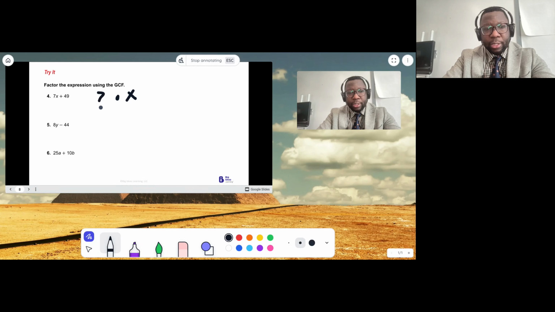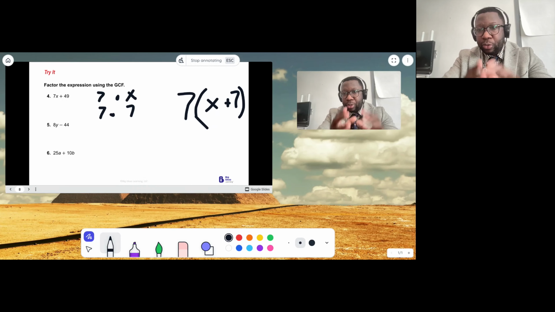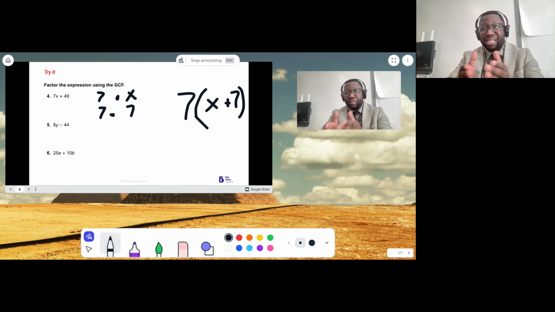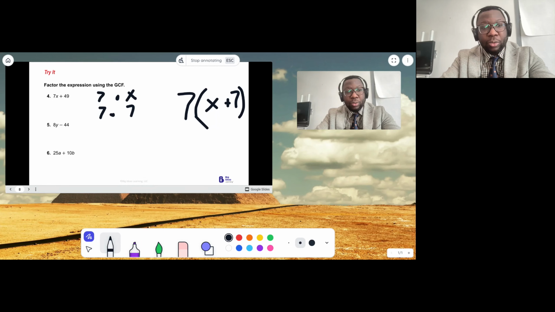And then for 49, it's 7 times 7. What do they have in common? They have 7 in common. And then what are we left with? x plus 7. So when we factor out this expression, we have 7 parentheses, x plus 7 as our new expression.